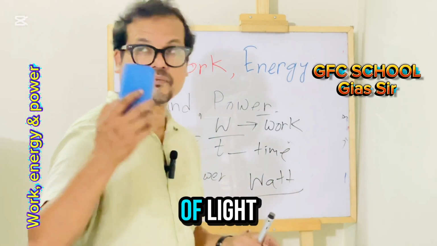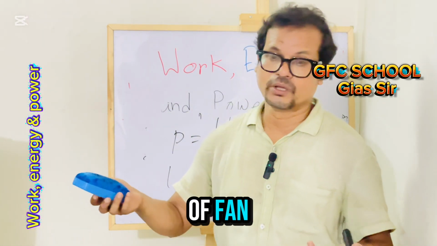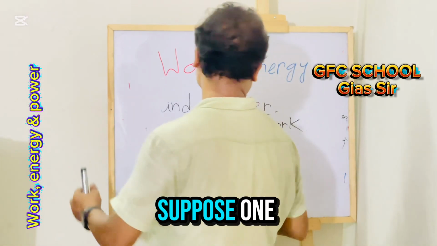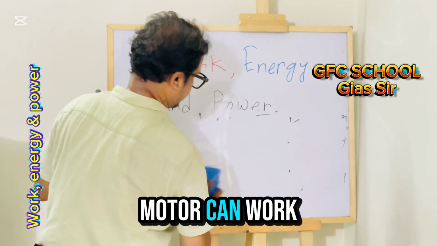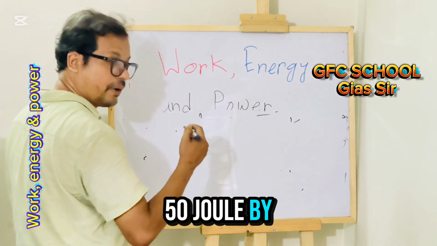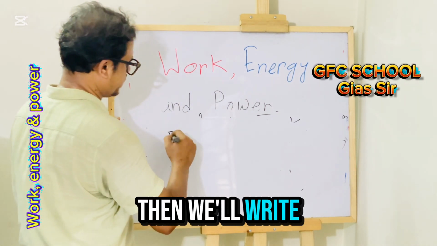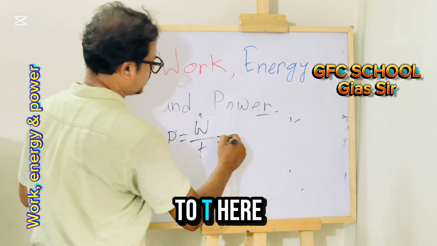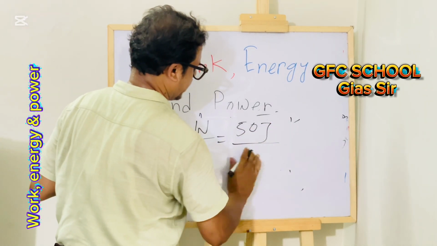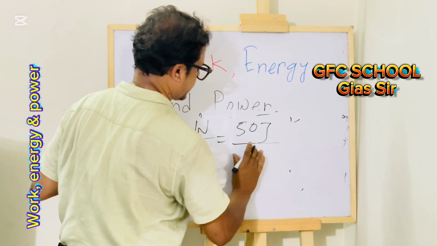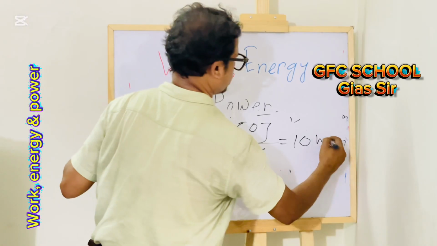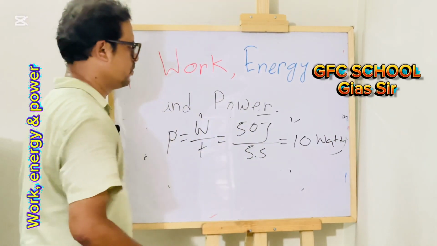You can find out the power of a light, the power of a fan, the power of any motor. Suppose one motor can do 50 joule of work in 5 seconds. Then we'll write P equals W upon T, that is 50 joule work, and time 5 seconds. That is 10 watt.